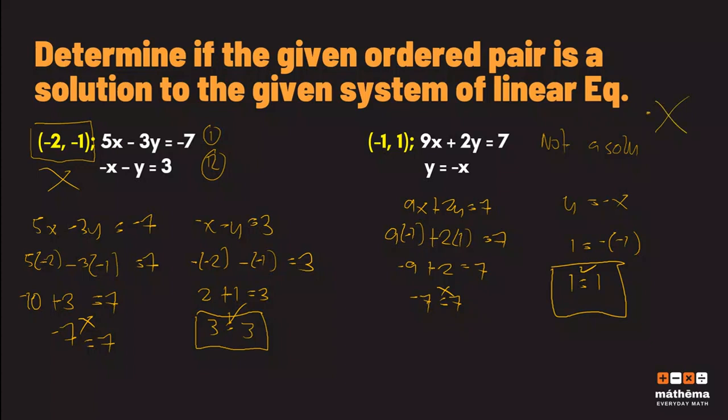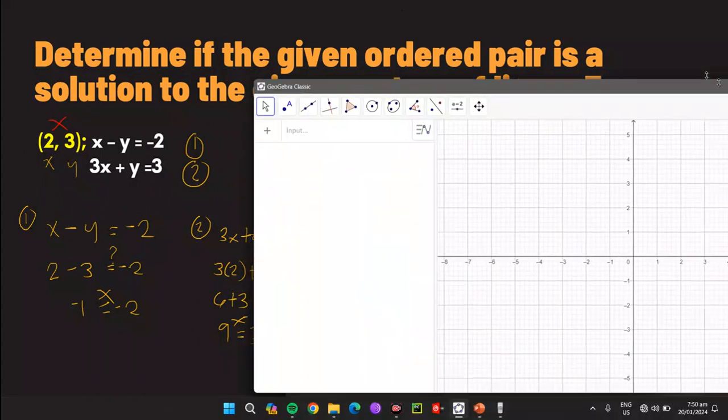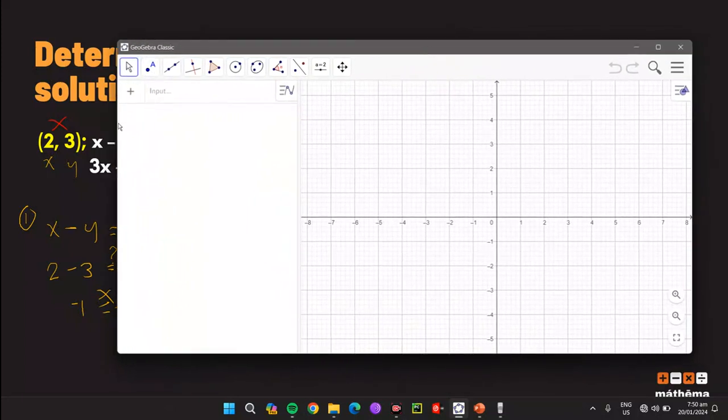To show that, let's try to have our graph. So let's go back to our previous items. Then we are going to have our graphing calculator. I hope I can show that. Alright, I think it's possible.